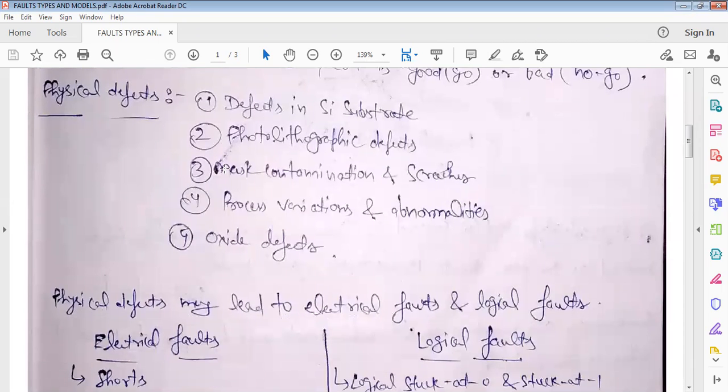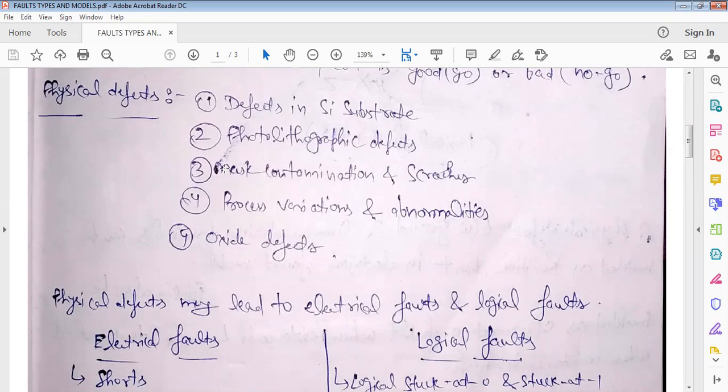Now, physical defects. Defects are basically classified as physical defects and electrical faults. Due to the consequences of the physical defects, various electrical faults take place, and due to these electrical faults, corresponding logical faults take place. So, what are the physical defects?